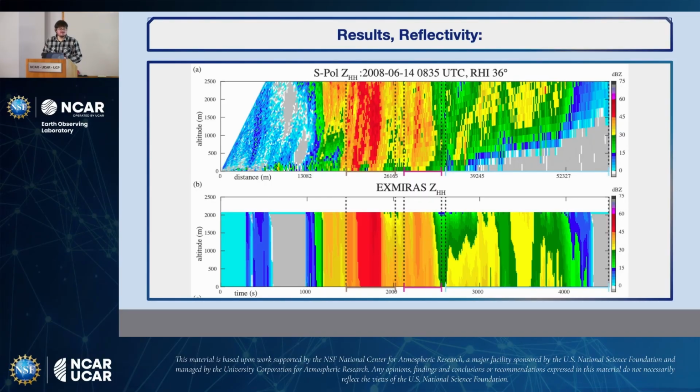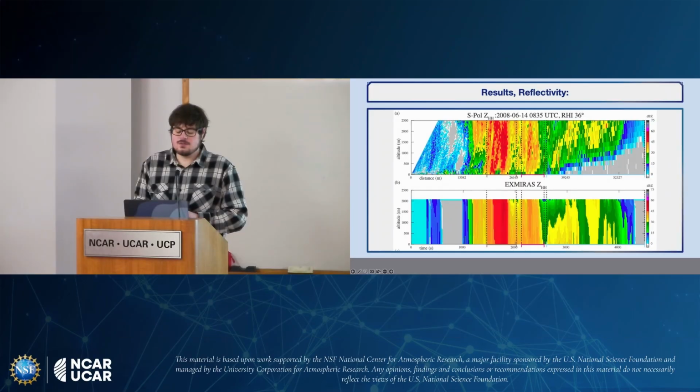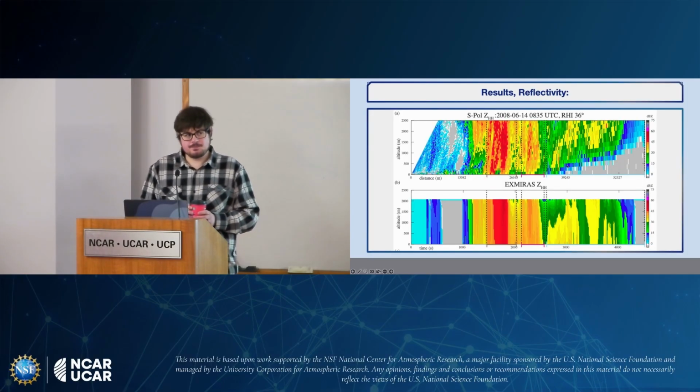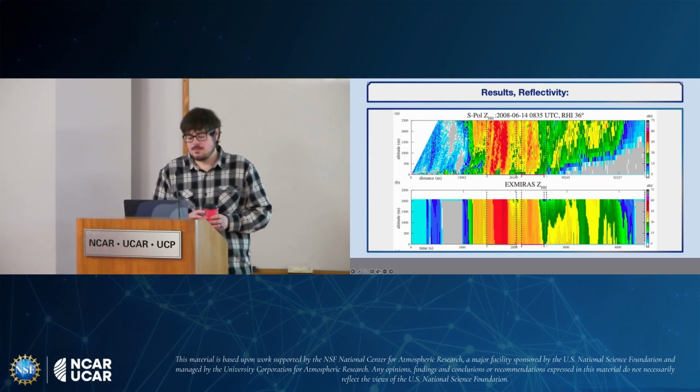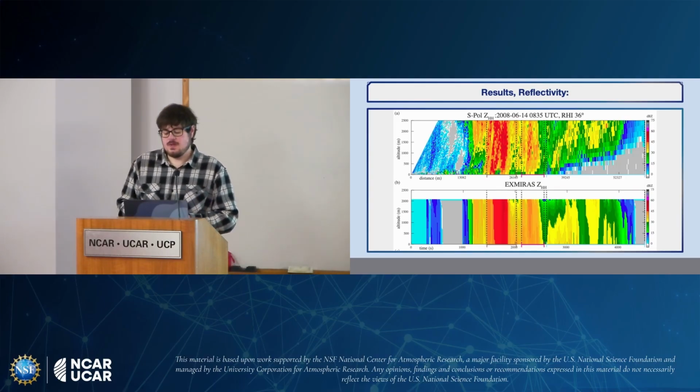Thanks. And then on the difference at the ground between the radar and the model, is that just what the radar is able to see, or is that a difference in the model itself? Yeah, especially towards the right, where the ground starts fading away and you still have model data.